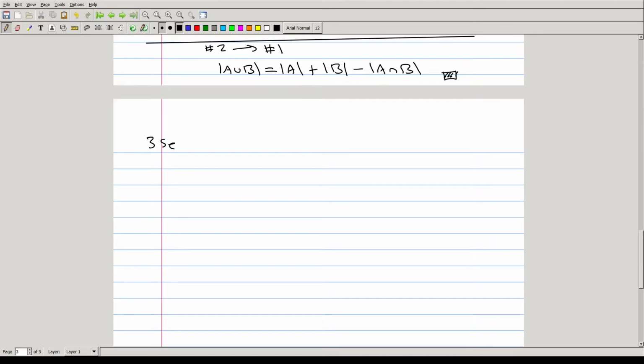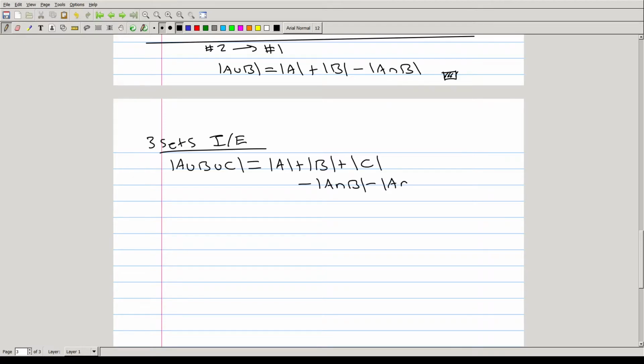Specifically for 3 sets, inclusion-exclusion says that the size of A union B union C is going to be the size of A plus the size of B plus the size of C minus the size of A and B, A and C, and B and C, and then we have to add back in the size of A and B and C. So you see that it becomes a little bit more complicated the more sets that you have.